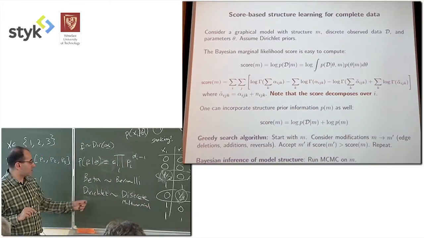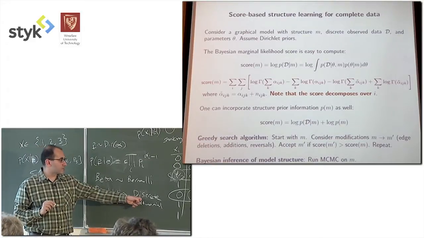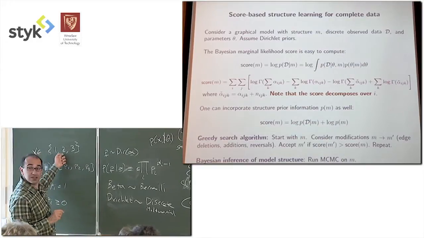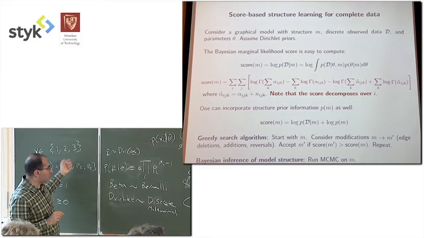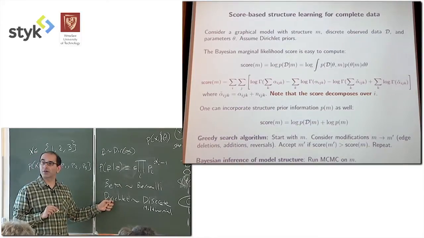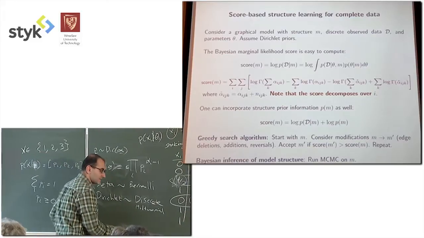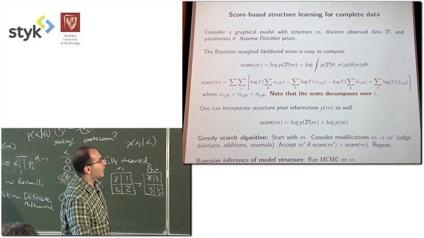Essentially, what that means is if I have a Dirichlet prior and I observe some discrete observations like these, then my posterior distribution over the parameters will also be Dirichlet. And I can compute everything analytically. In fact, that's exactly the result that we have here.